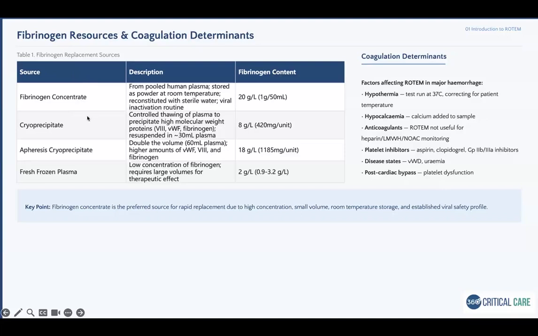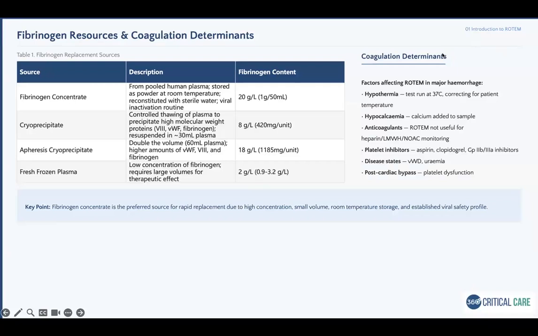If you have time, you can wait for half an hour, then you can ask for cryoprecipitate coming from a blood bank and you thaw it and give it. Again, the delay is about half an hour to 1 hour. Any of those, apheresis cryoprecipitate or usual cryoprecipitate, is the second choice. But if you don't have anything, then fresh frozen plasma has a very minimal amount of fibrinogen in it, but can be used.